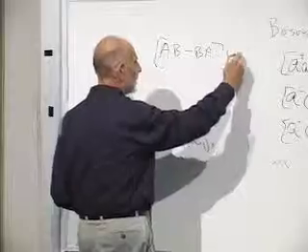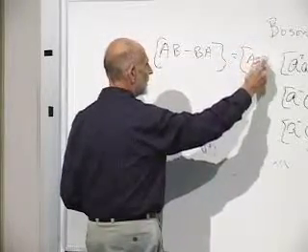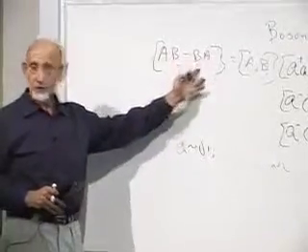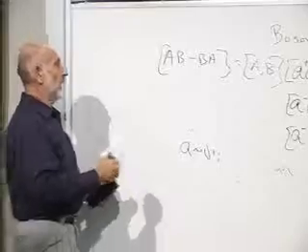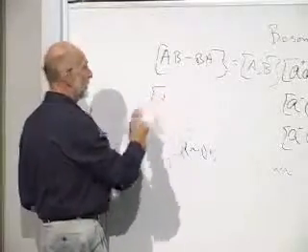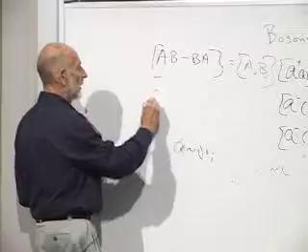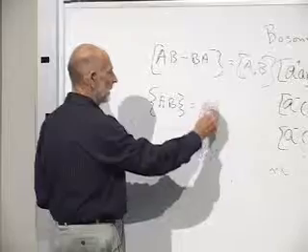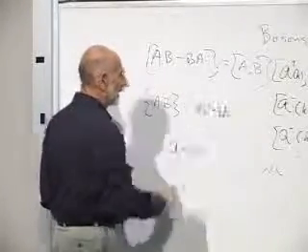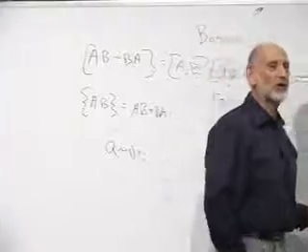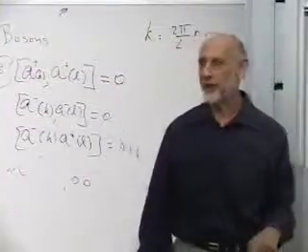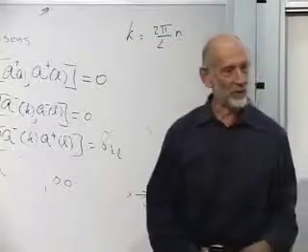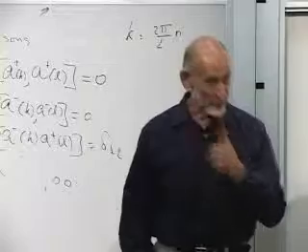It's anti-symmetric in that if you interchange A and B, it changes sign. The anti-commutator is by definition, and it's usually written this way, AB plus BA. Now I saved this for last because it's harder to swallow that AB plus BA equals 0 than AB minus BA equals 0.